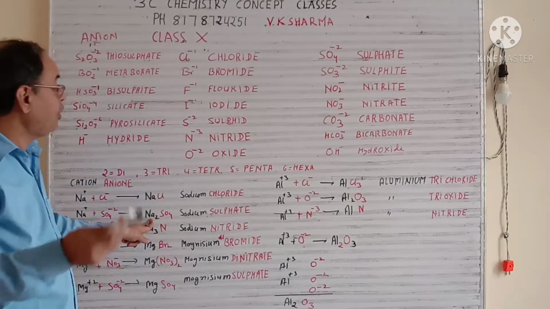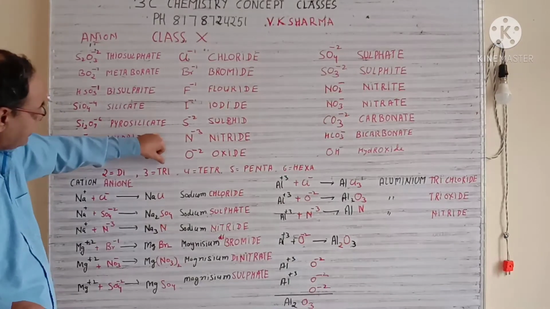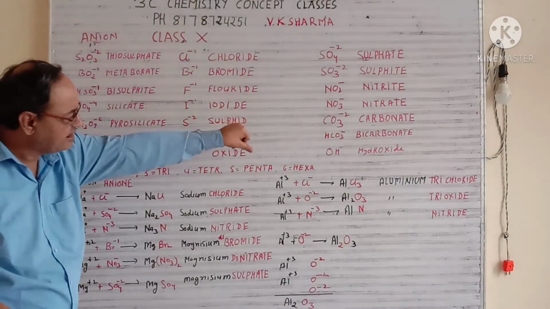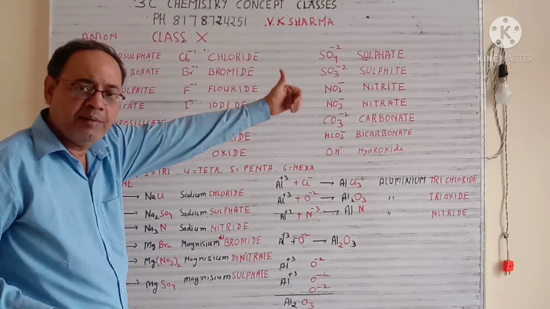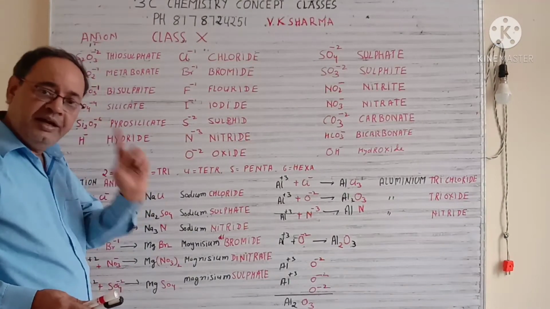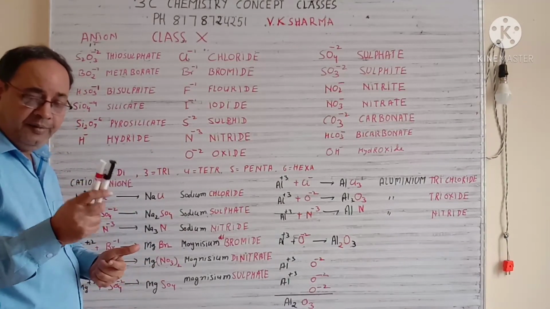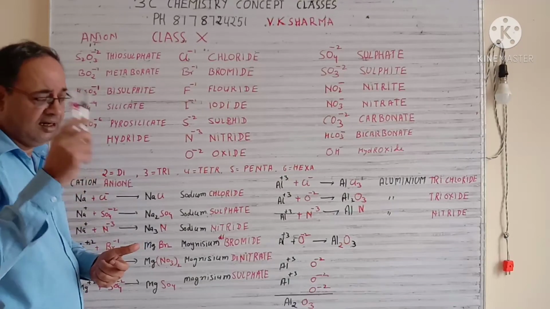But suppose anion is 2 times, then you have to write di; 3 times is tri, 4 times is tetra, 5 times is penta, 6 times is hexa, 7 times is hepta, octa, nona, and so on. So, cation is written only once. But when anion is 2 times, write di, anion is 3 times, write tri, and tetra, and so on.